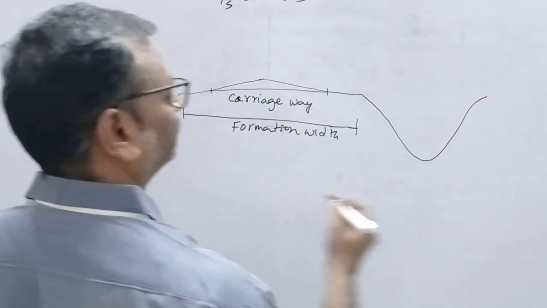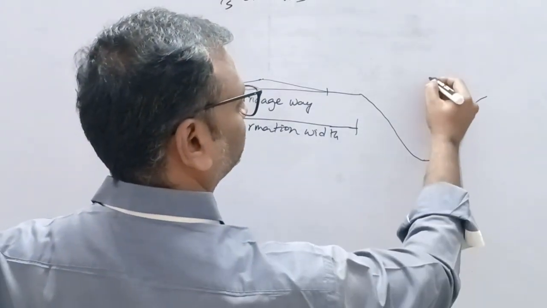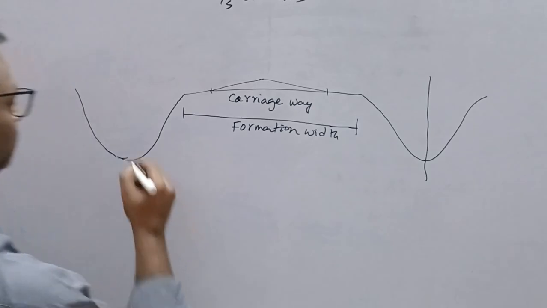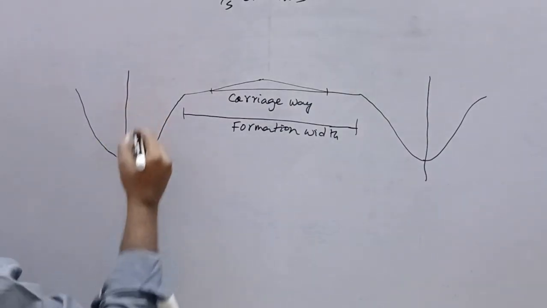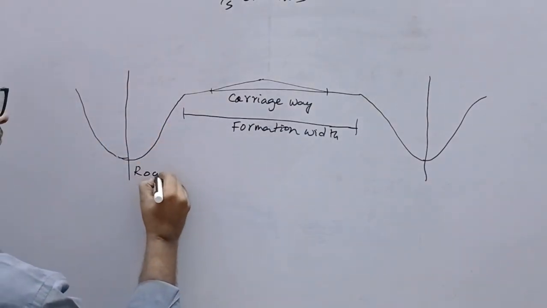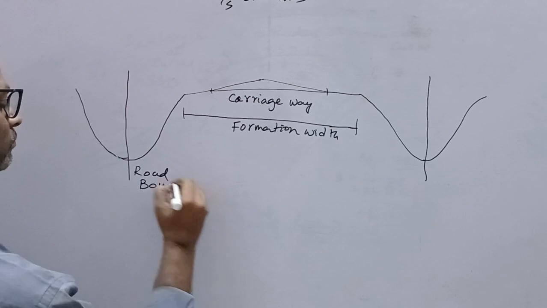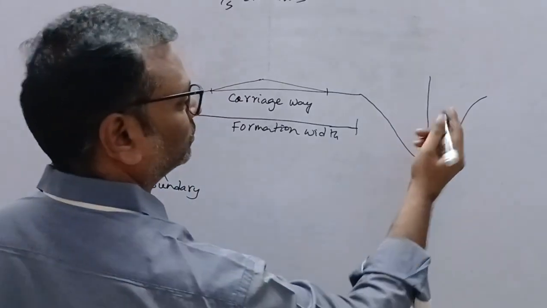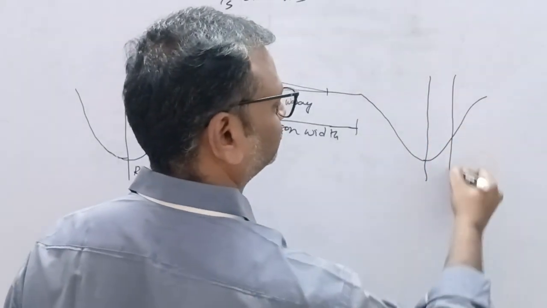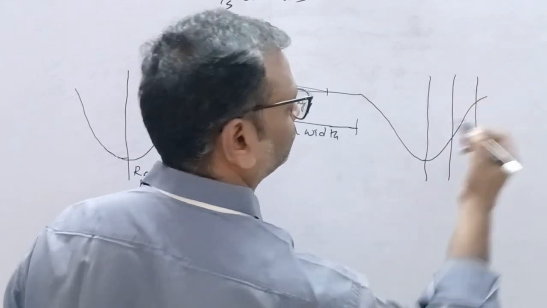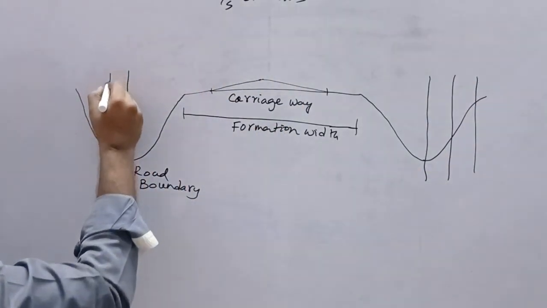And now this point is called road boundary. And we have two more lines, or imaginary lines, say.